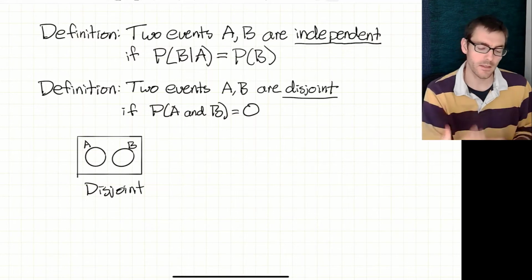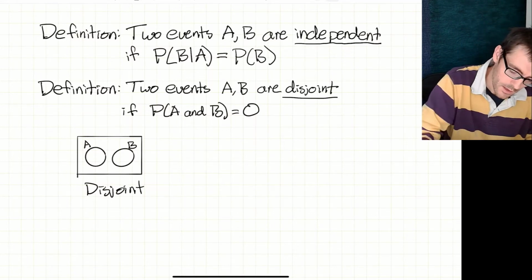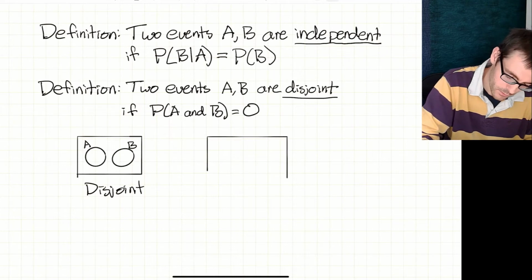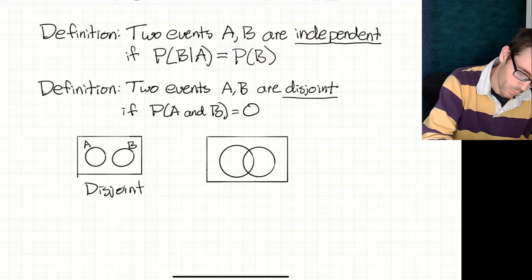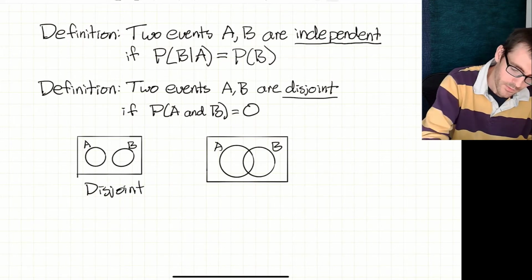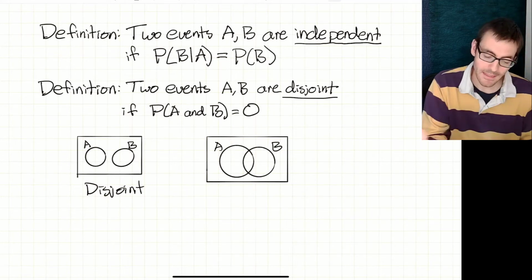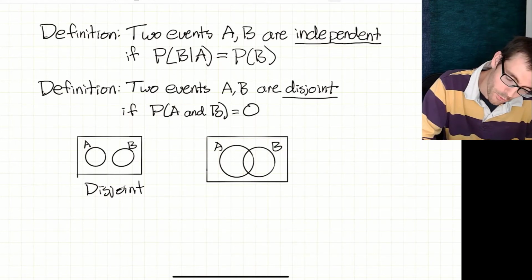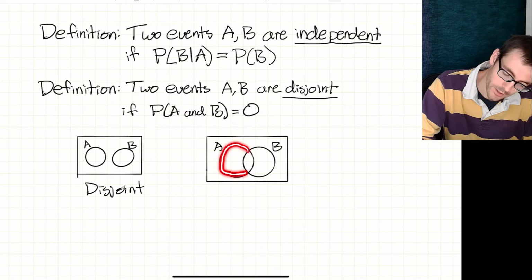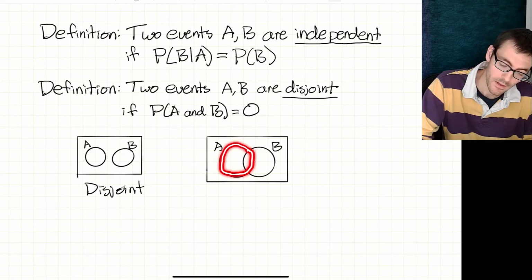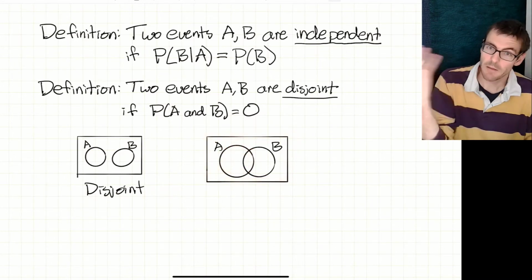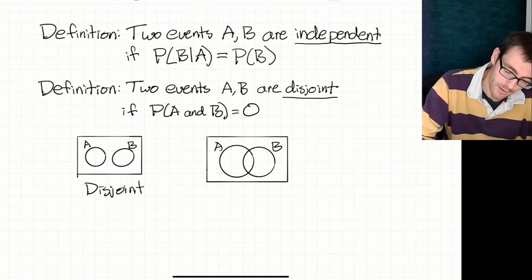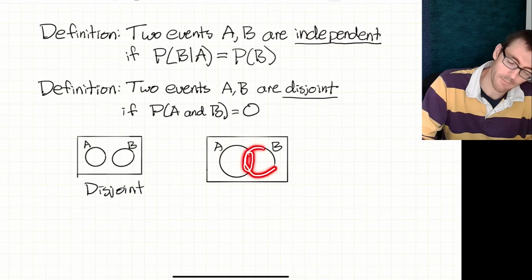So again, to contrast this with this notion of independence, if we have a Venn diagram where we have A and B, two events are independent if the probability of A in the entire frame is the same proportion as the probability of A given that we're somewhere in B.